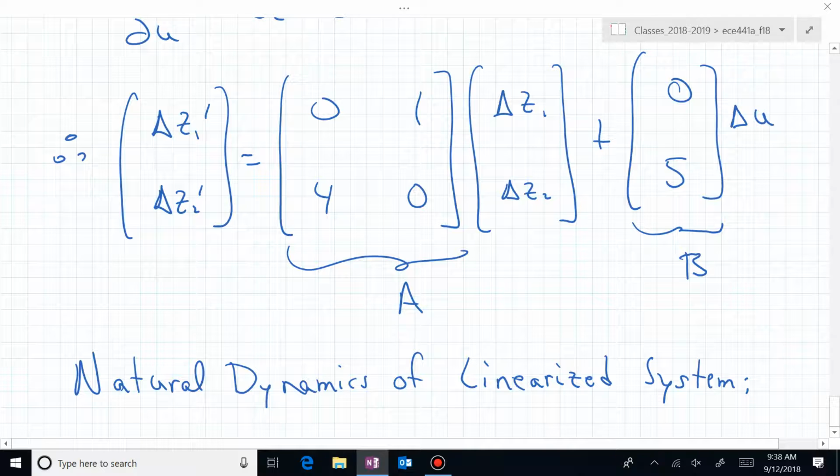If I gave you a transfer function and I said, how is this system going to behave? What would you give me in reply if I gave you a transfer function g of s? The poles. You would be looking at the roots of the denominator polynomial. Now, the poles are in the frequency domain. This is a time domain system, but we could put it into the frequency domain.